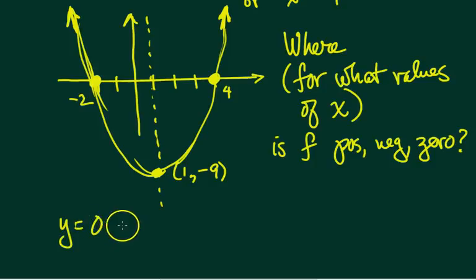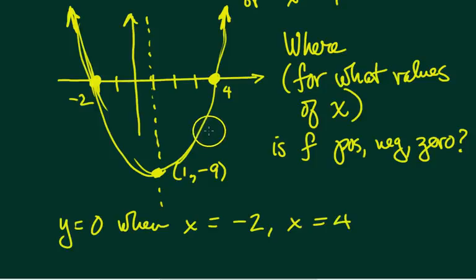Y is equal to 0 when x is equal to -2 or x is equal to 4. What about positive or greater than 0? Well, here is where y is greater than 0. What is x there? X is less than -2. Or here, y is greater than 0 and x is greater than 4.